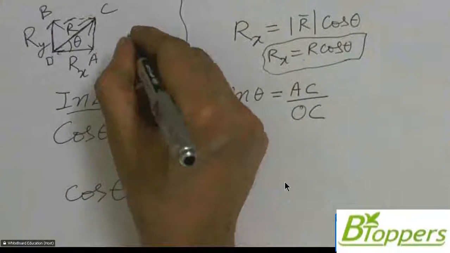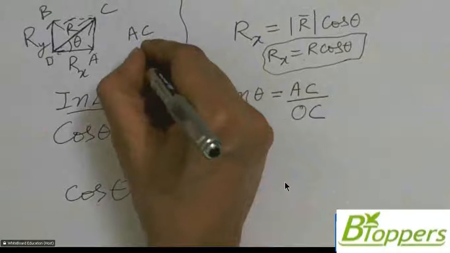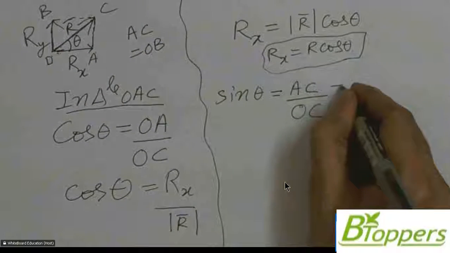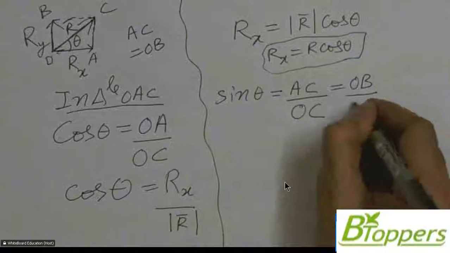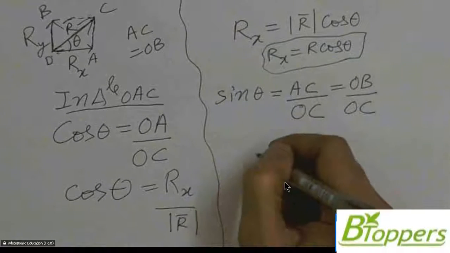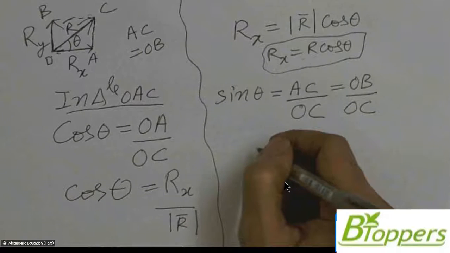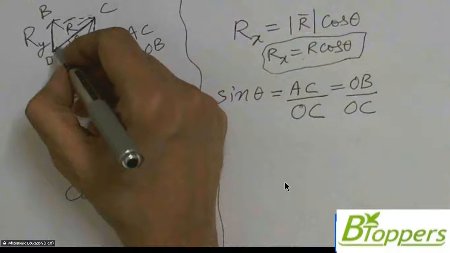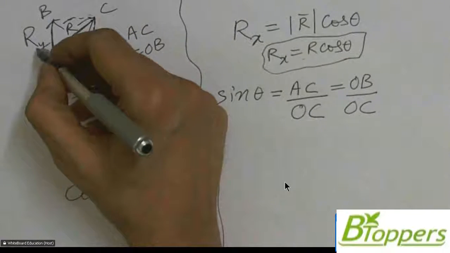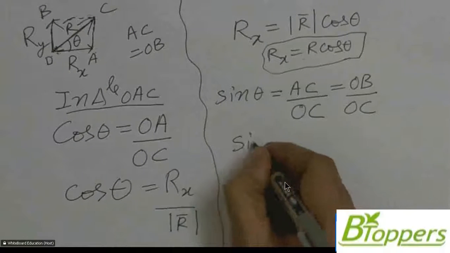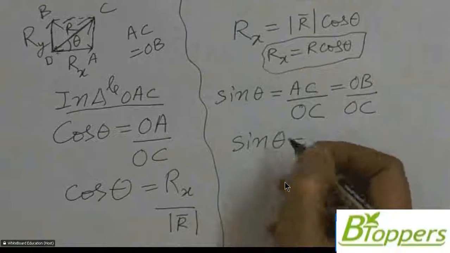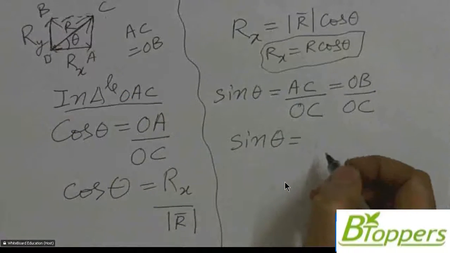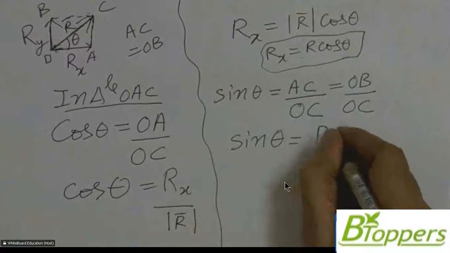In the rectangle OACB, opposite sides have the same length, so AC can be written as OB. Now the length of the line OB gives you the y component of r bar denoted by ry, and the length of the line OC gives you the magnitude of vector r bar.